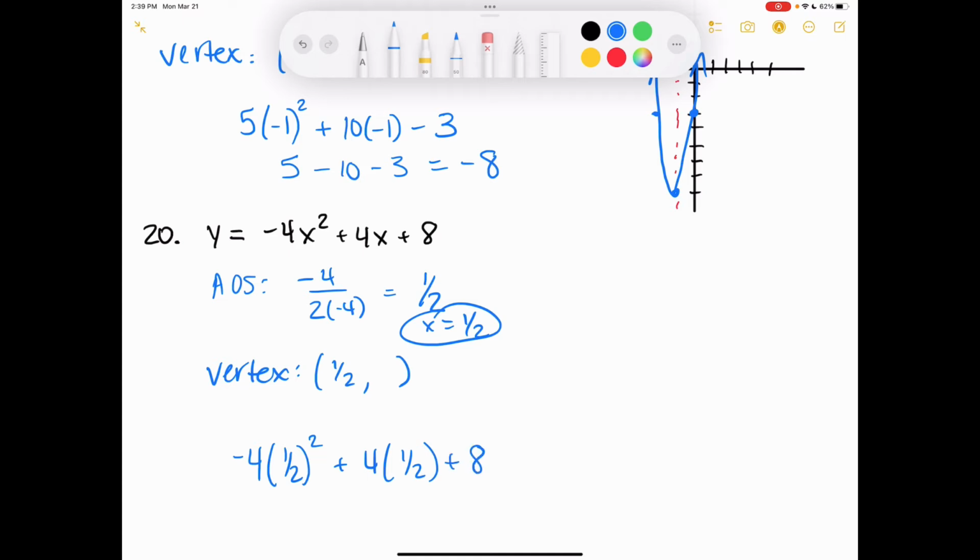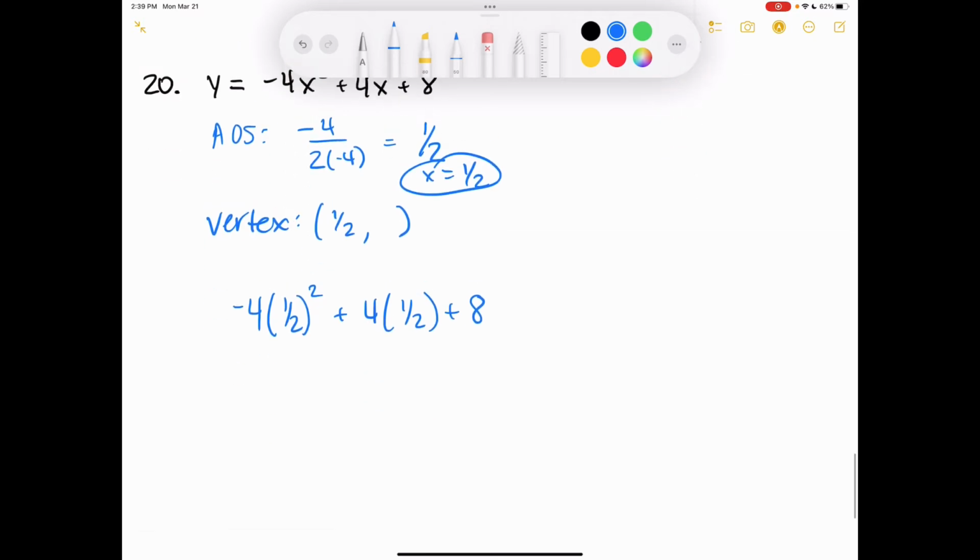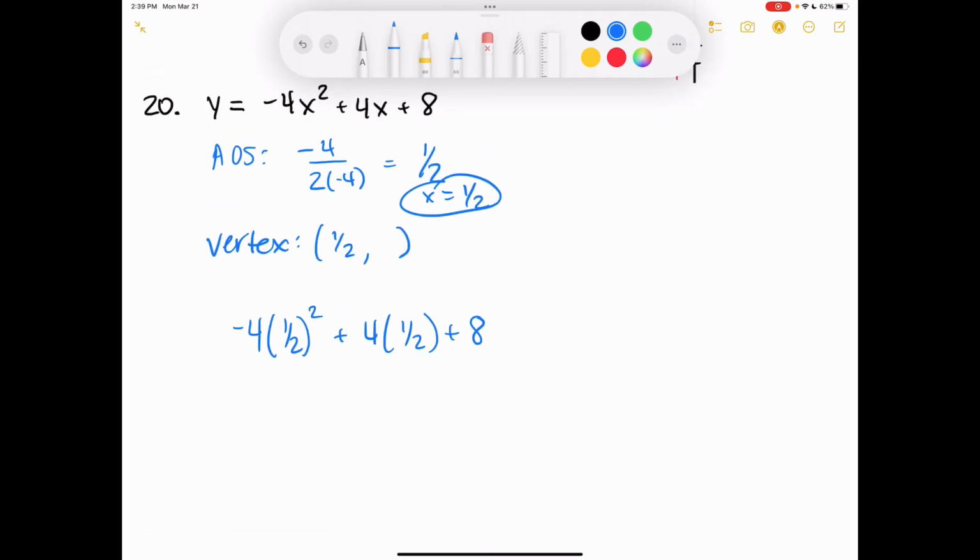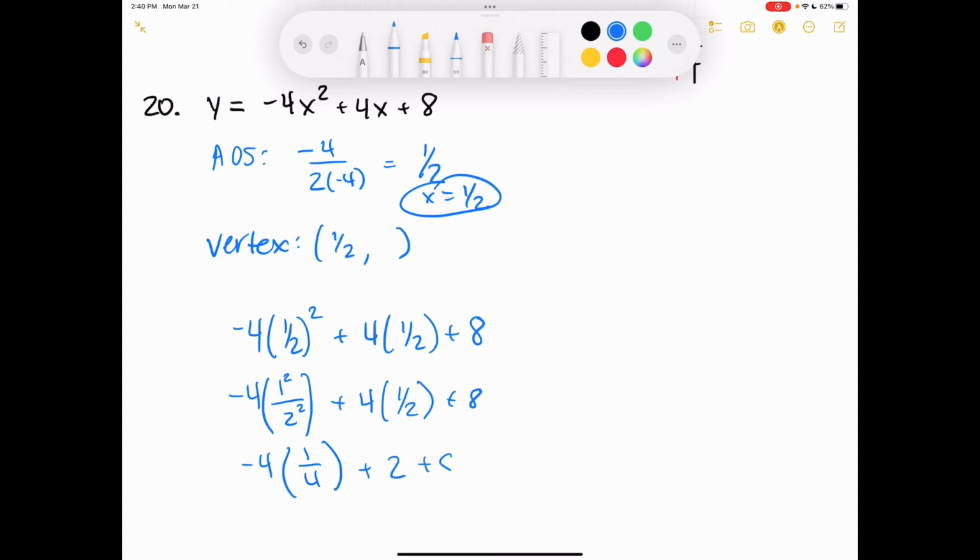Now, if I have a fraction and it's being squared, then what I really have is 1 squared over 2 squared. So, 2 squared is what? 4. So, this is now -4 times 1 over 4 plus, this 4 and this 2 are going to cancel to give me a 2, plus 8.